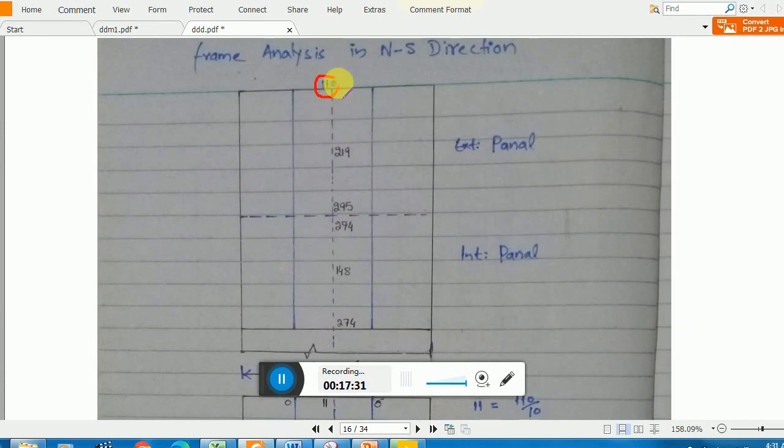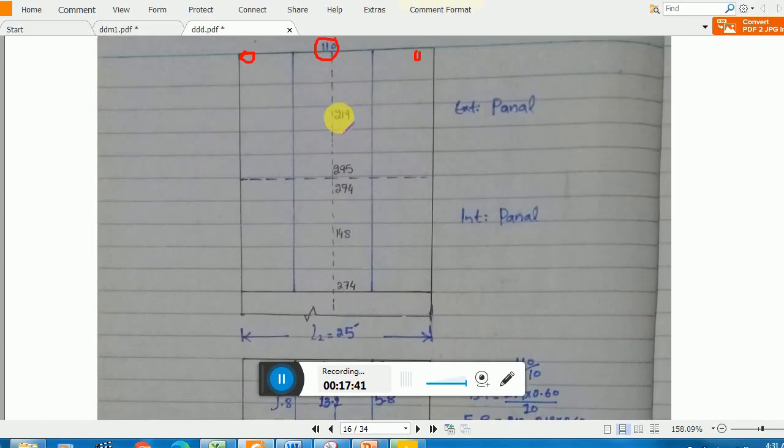Clearly you see the whole moment will be absorbed here, and 0% will transfer toward the middle strip. Now here, 60% of the moment will be absorbed here, while the rest, 20% will be here and 20% will be here. Similarly here 75% will be left here, while 12.5% will be here and 12.5% will be here. Similarly for this, and similarly 60% will be here, while the rest, 20% will be here and 20% will be here.